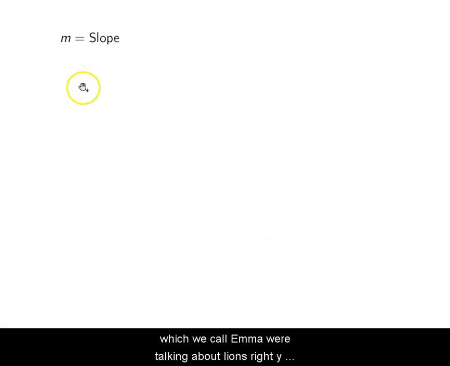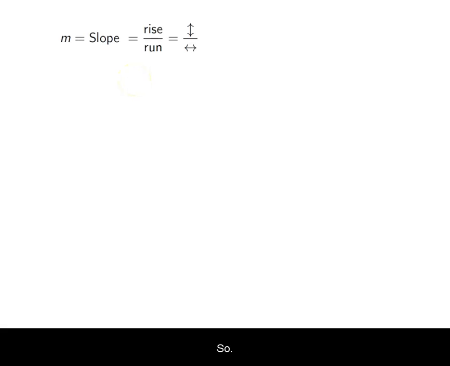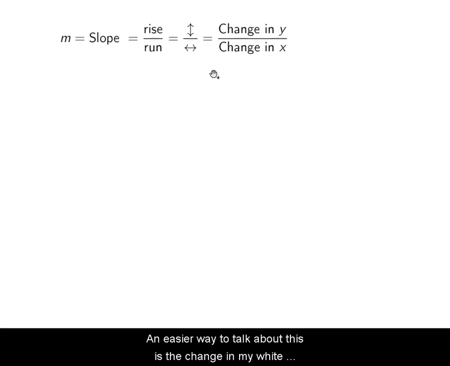Our slope, which we call m when we're talking about lines, y equals mx plus b, is the same as, a lot of you have heard this as, rise over run. Previously I talked about it as our up and down over our left and right movement. An easier way to talk about this is the change in my y values, the change in my output, over the change in my input values, or the change in my left and right movement.